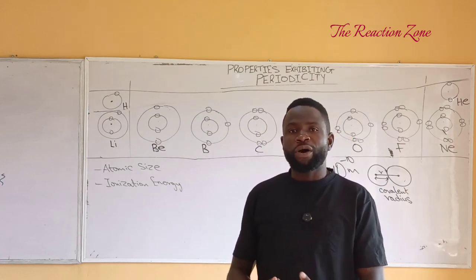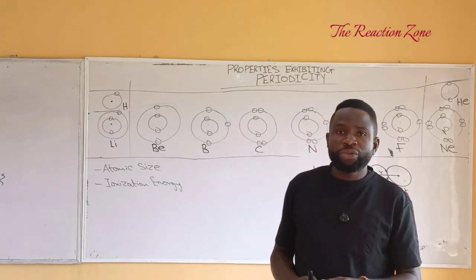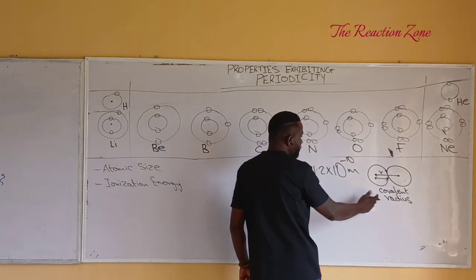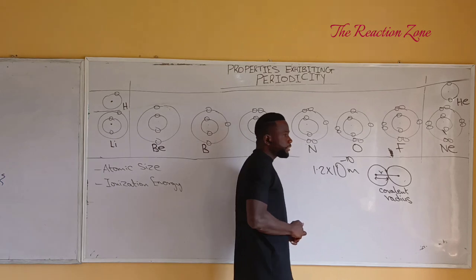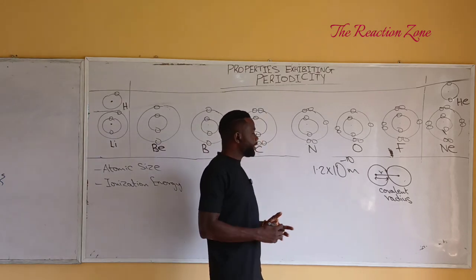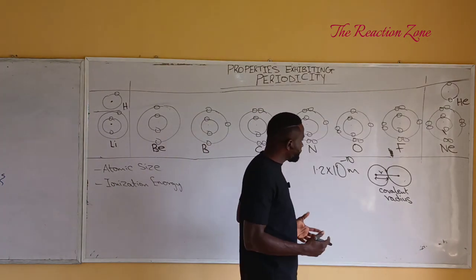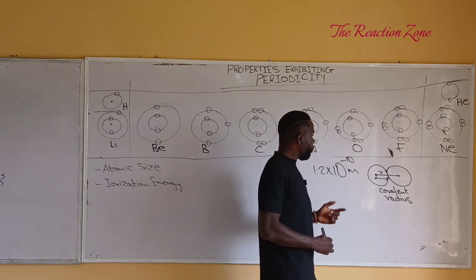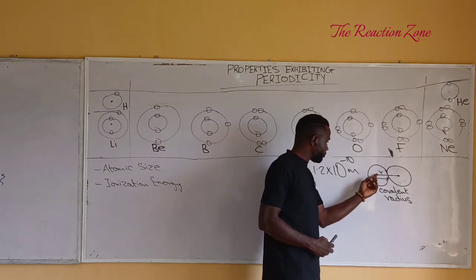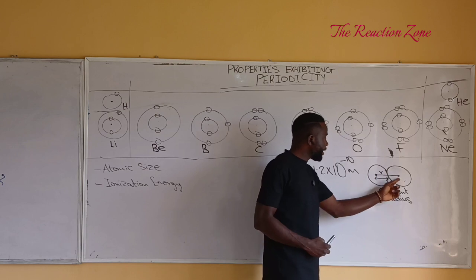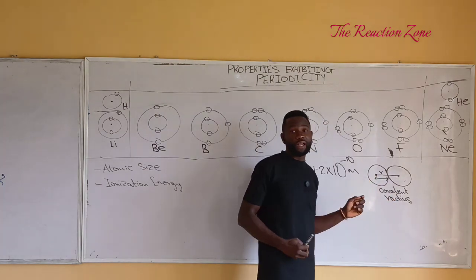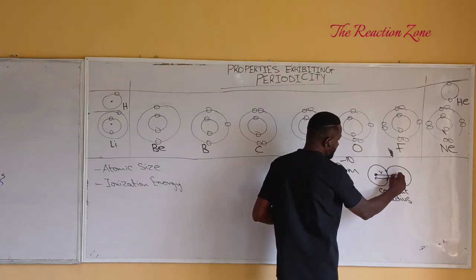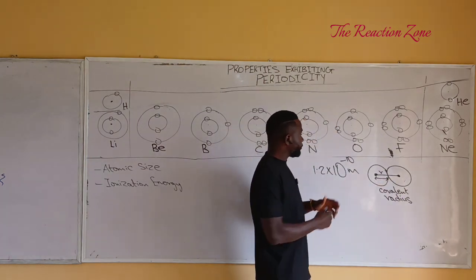atomic size or atomic radius is usually defined in terms of the covalent radius. And the covalent radius is simply half the distance between the nuclei of two neighboring atoms that are bonded together by a single covalent bond. So this and this represent the nuclei of these two atoms.